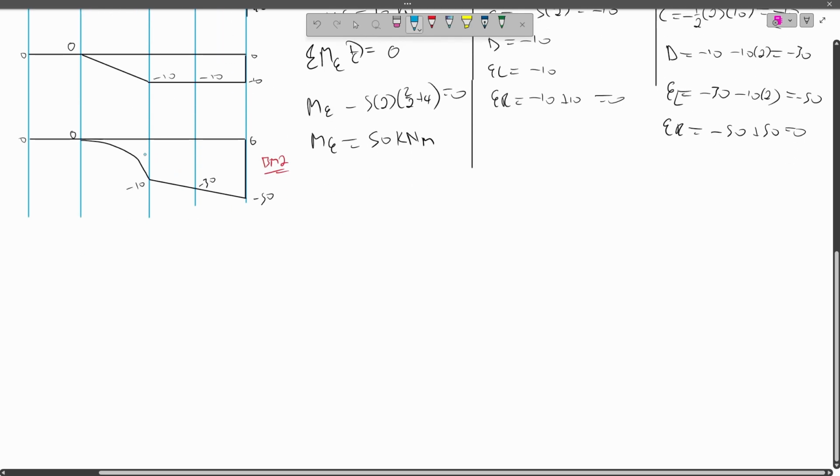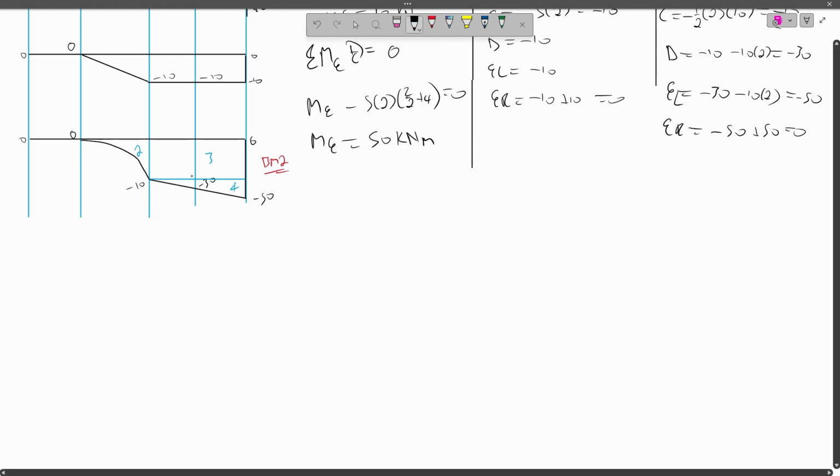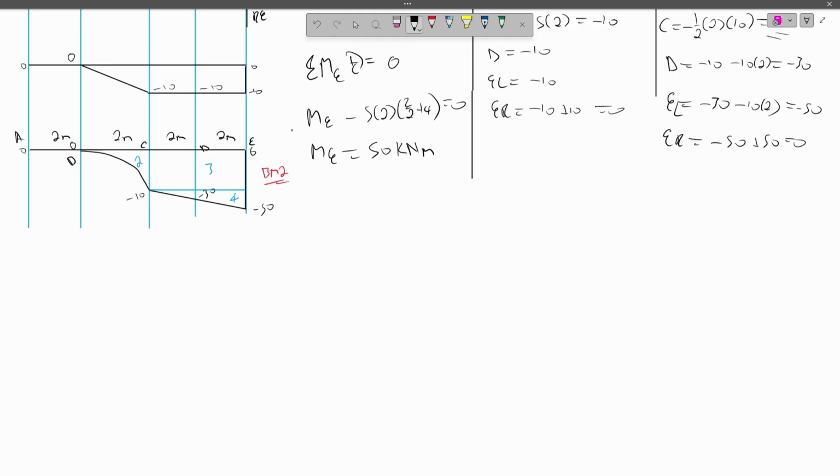Then we come here, we have the inverted half of a circle, which will be our shape 2. And then we break this one here. We have our shape 3 and our shape 4. So we have 2 meter, 2 meter, 2 meter, 2 meter. That's A, B, C, D, and E.